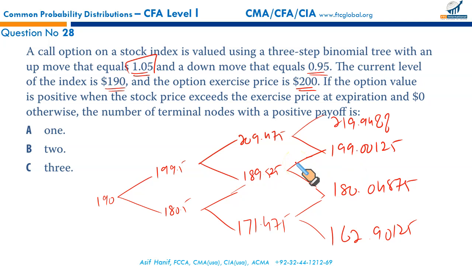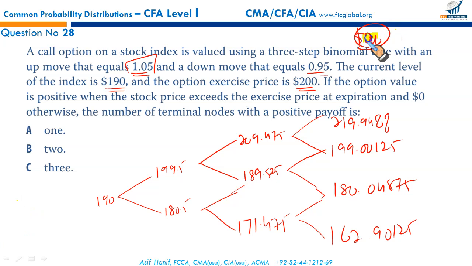We have done it. What we need is, if the option value is positive when the stock price exceeds the exercise price at expiration and zero otherwise, the number of terminal nodes in the three-step binomial tree with a positive payoff. Now you have a call option that gives you the right to purchase the stock at $200. Now listen to me very carefully.